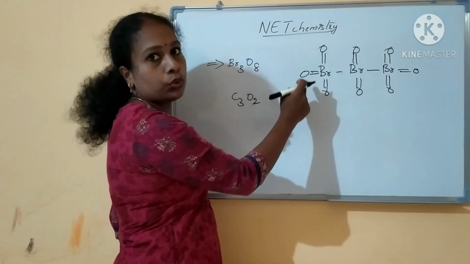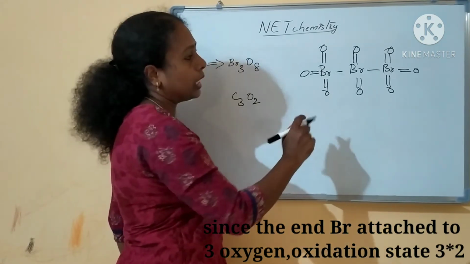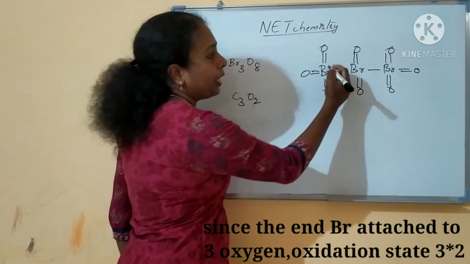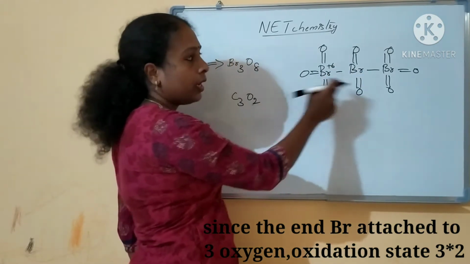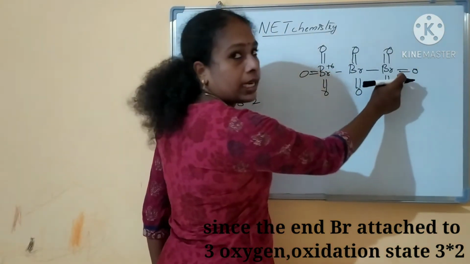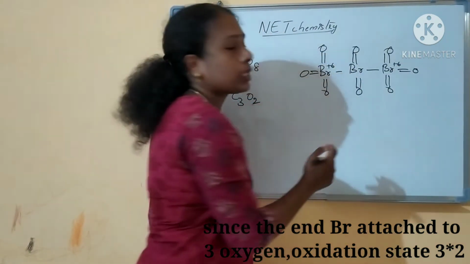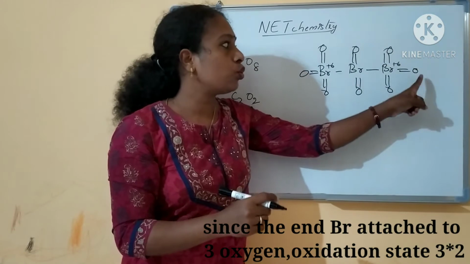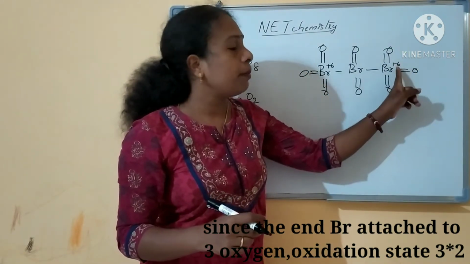It is attached to 3 oxygen atoms. Each oxygen atom has a -2 charge, so totally +6 is the oxidation state of the corner bromine. And here also, it is attached to 3 oxygen atoms, so +6 will be the oxidation state of this bromine, right? -2, -2, -2 gives -6, so it is +6.